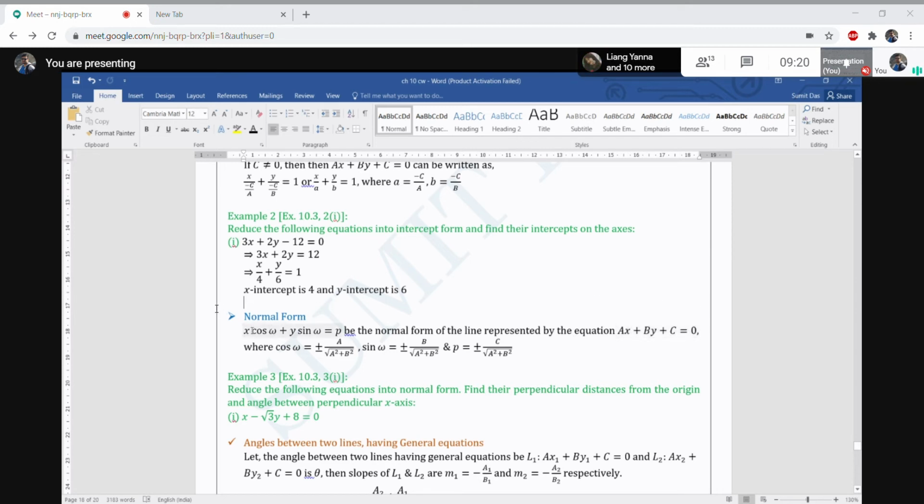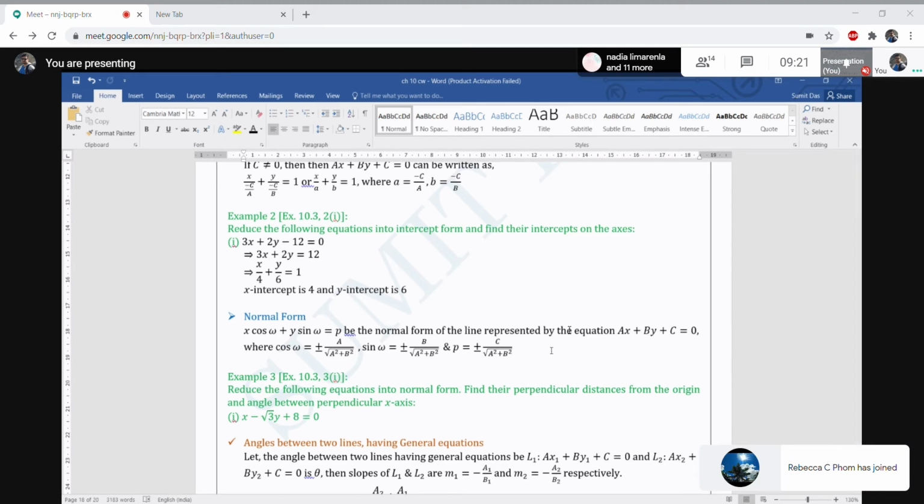Then cos omega will be equal to plus minus a by square root of a square plus b square, sin omega will be equal to plus minus b divided by square root of a square plus b square, and p equal to plus minus c divided by square root of a square plus b square.